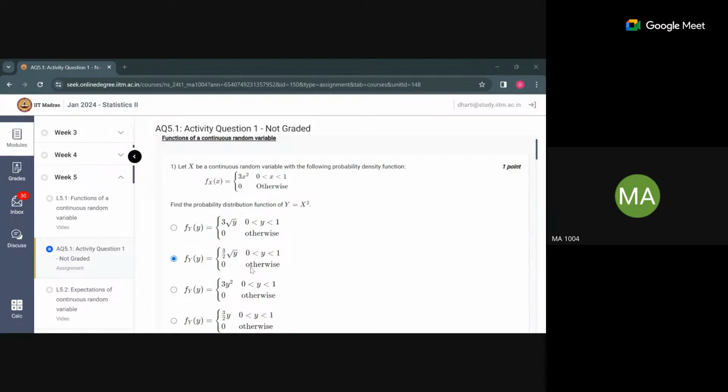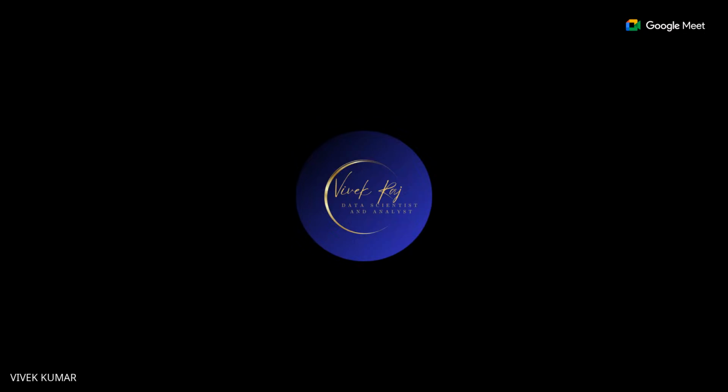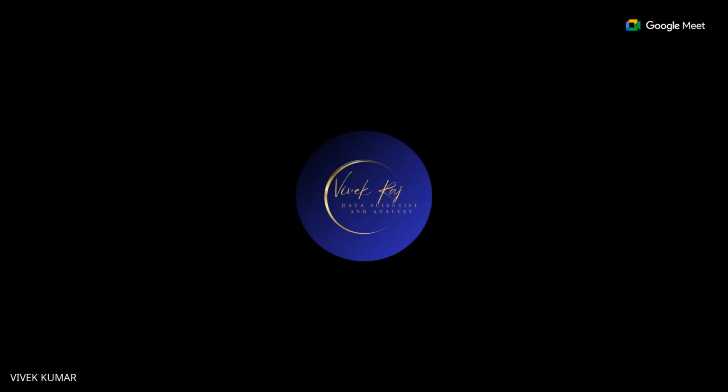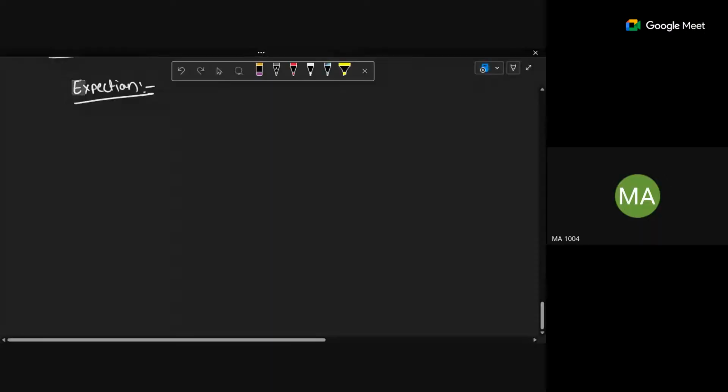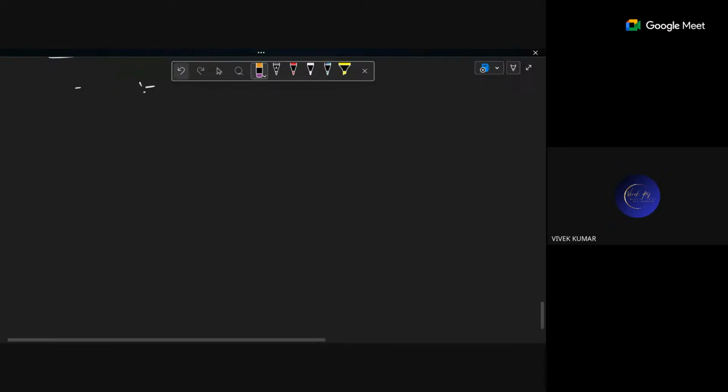That's the only logic if you want to go through the manual method. Yes, ma'am. Minus infinity to 0, it becomes 0. Or 0 to 1, it becomes x cube. Or greater than 1, it becomes 1. Okay.